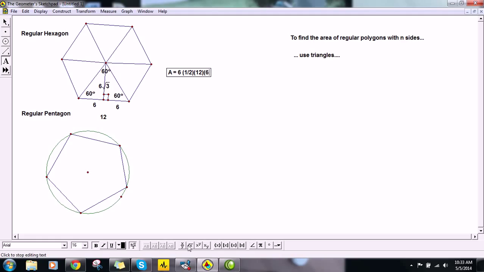And a little magic: 6 times 1/2, that's 3, times 12, that's 36. 36 times 6, what's that, 216? So I get 216 root 3 square units.